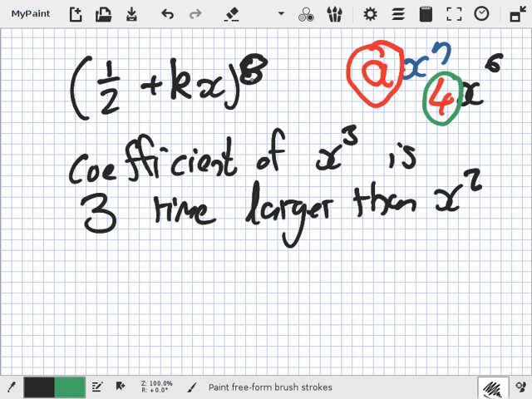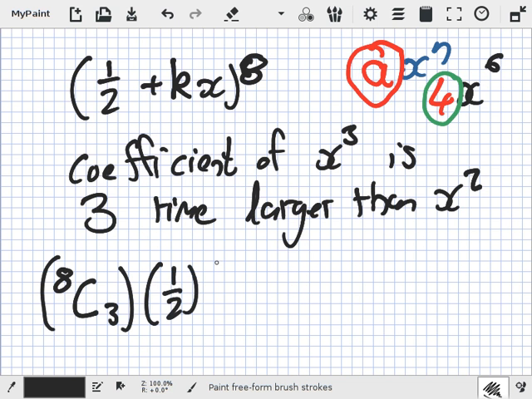So let me just show you. The coefficient of x cubed would be 8C3, and then you have a half to the power 5, and then you have k to the power 3.